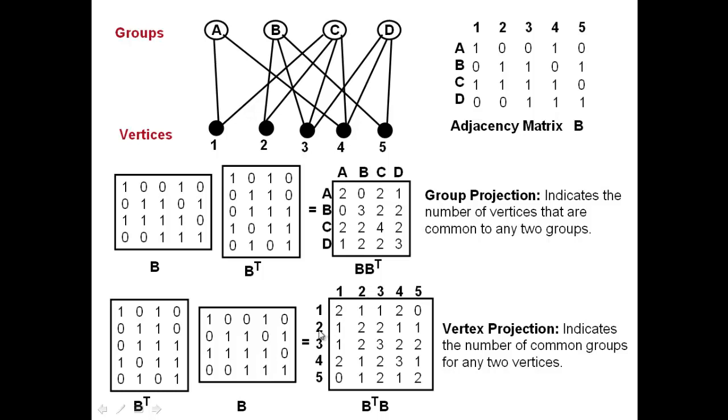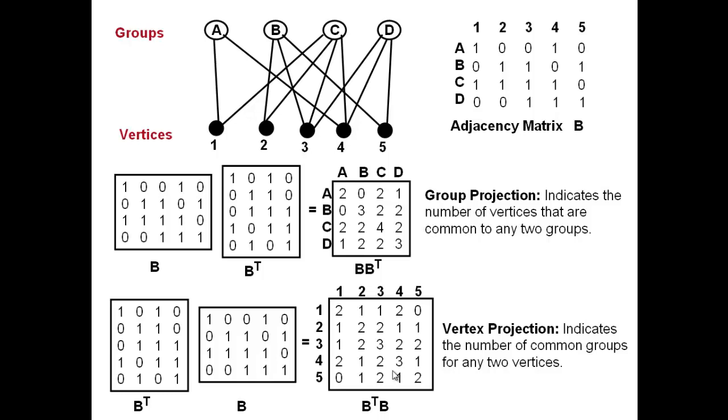Similarly, with respect to vertex 2, 1 2 2 1 1 is the same as 1 2 2 1 1 for vertex 2. 1 2 3 2 2 is the same as 1 2 3 2 2 for vertex 3. So this is another way you can cross check whether you got a symmetric matrix or not, to check for any math error. So that is vertex projection.